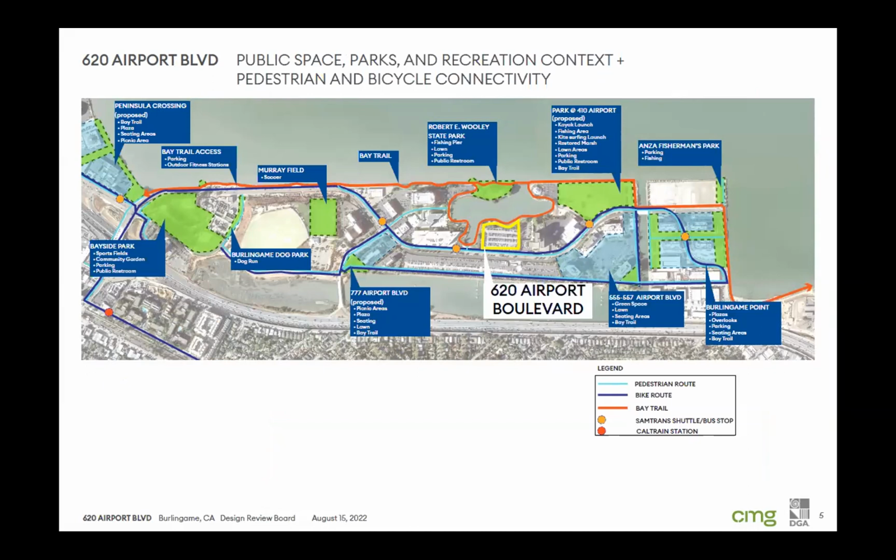So there's Bayside Park, Murray Field, the Anza Fisherman's Park, Robert Wooley State Park. There's lots of public places, public parks and recreational opportunities already, as well as all of the development that you've seen come before you that are adding new ways to access shorelines, new public access areas. And there's our site at 620 Airport.